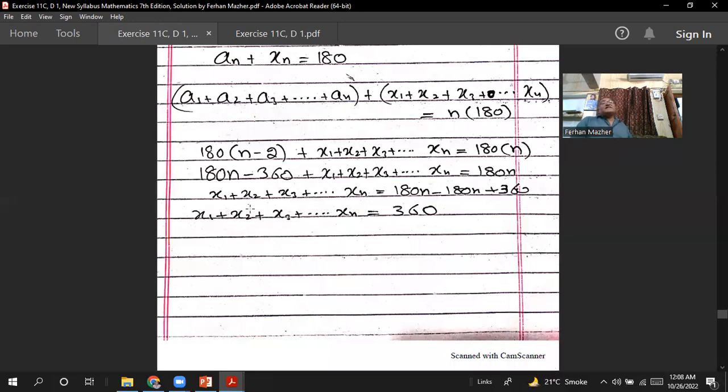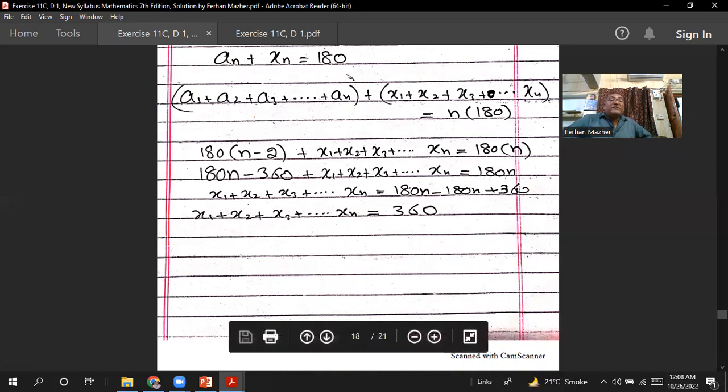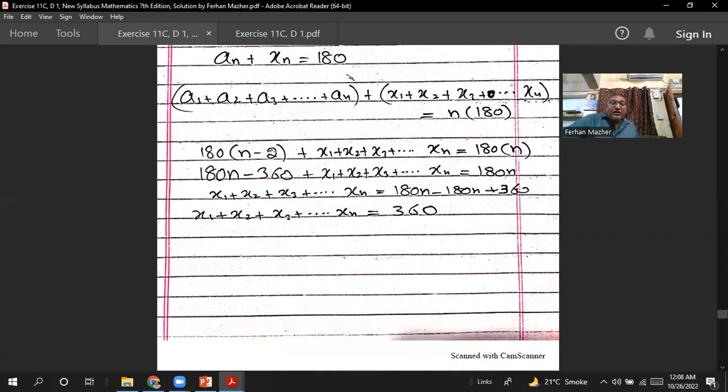We can find the sum of the internal angles A1, A2, A3 up to An. The sum is given by the formula 180 bracket n minus 2 bracket close, plus X1 plus X2 plus X3 plus up to Xn equals 180n. So when you open this, it will become 180n minus 360, plus X1 plus X2 plus X3 plus up to Xn equals 180n.